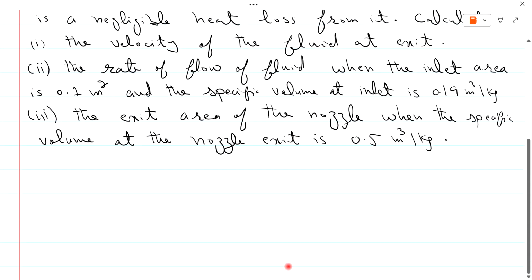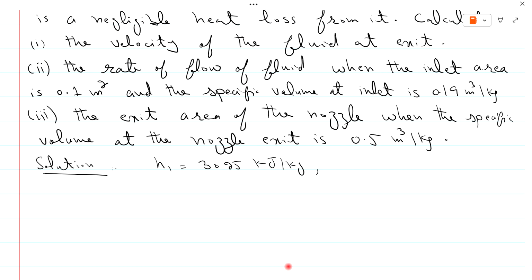First I write the data from these. First, H1, the initial enthalpy, is given as 3025 kilojoule per kg and C1 is equal to 60 meter per second and H2 is equal to 2790 kilojoule per kg.